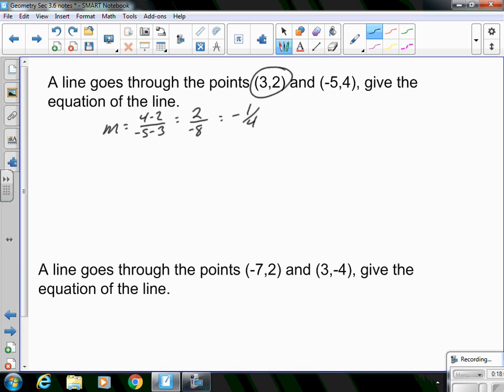So if we use that point and the slope of -1/4, then when we plug it into y equals mx plus b to solve for the b, we're going to have a y of 2 equals -1/4, the slope, times the x, which is 3, plus b. So 2 equals -3/4 plus b.